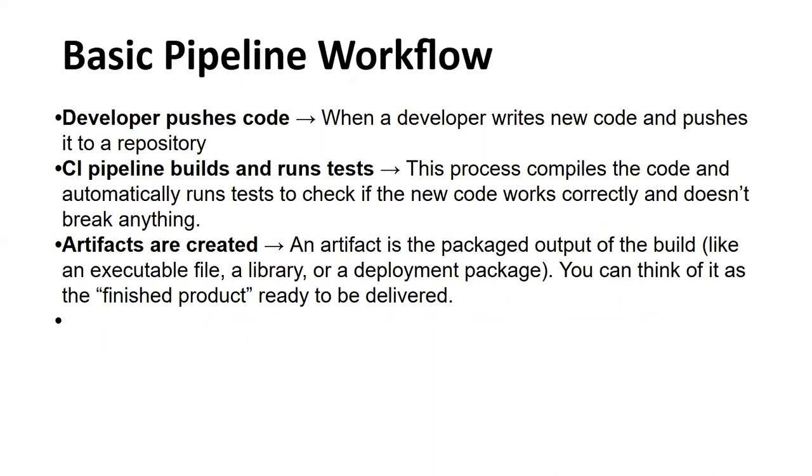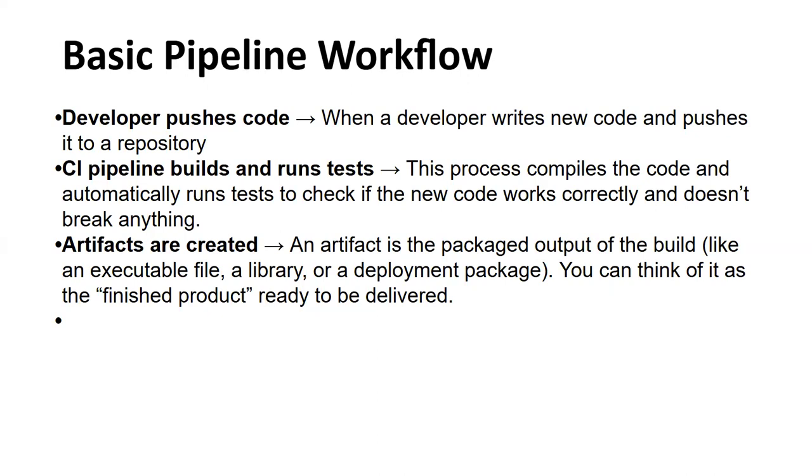So we're looking at the basic pipeline workflow. When a developer writes their code, they push the code to a repository, and then the CI pipeline builds and runs the test. When it builds and runs the test, artifacts are created, which is the end product that is built.